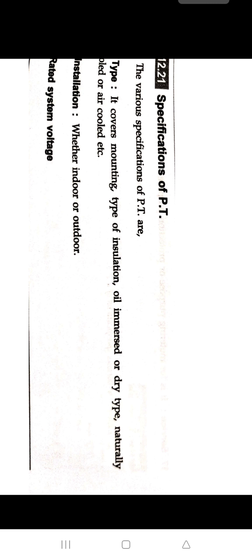Now for potential transformer, again type, installation, rated system voltage. In type, it covers mounting, type of insulation, oil immersed or dry type, naturally cooled or air cooled.